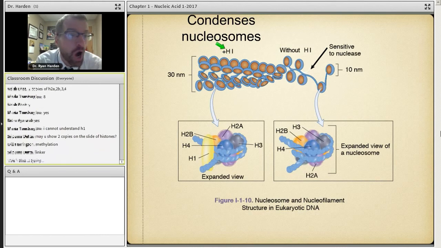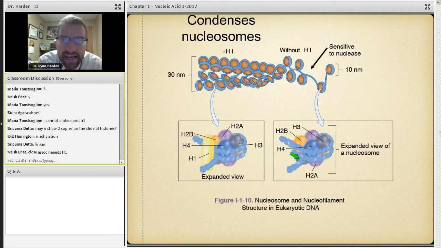So here's the important thing. Histone H1 is not part of the nucleosome. That's why people have trouble understanding it. Histone H1 is not part of the nucleosome. It's outside of the nucleosome.